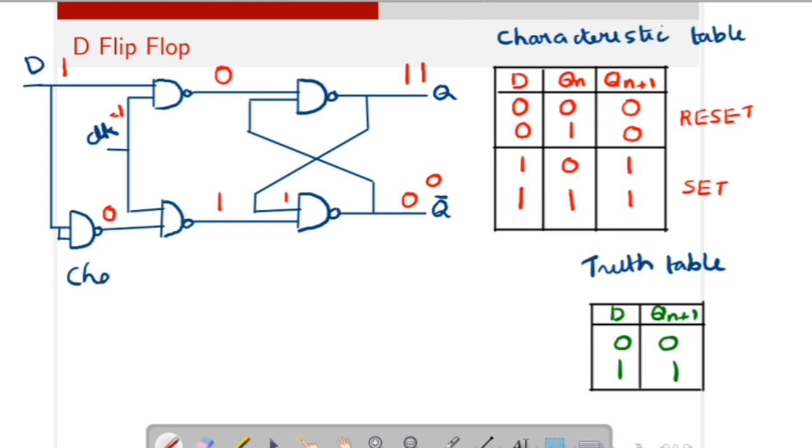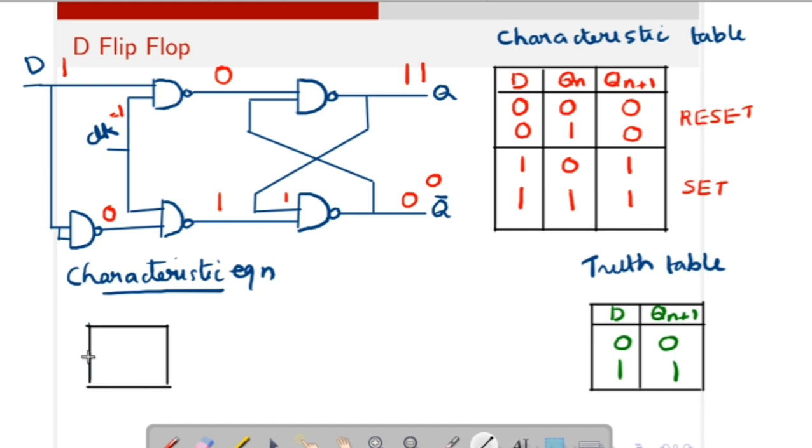Next we can derive the characteristic equation for this D flip-flop from the characteristic table. The characteristic table has two inputs, D and present state, and we have to derive the equation for Qn plus 1.